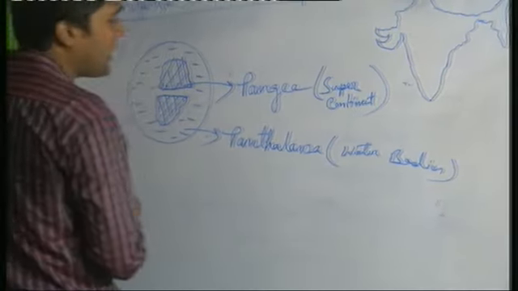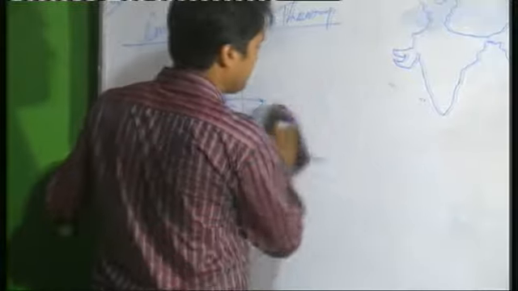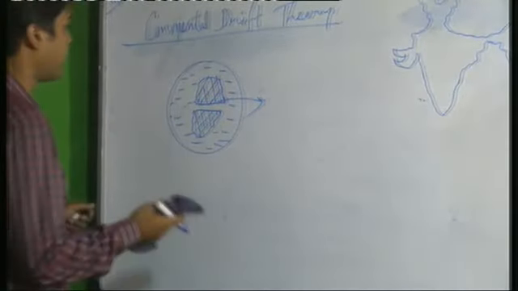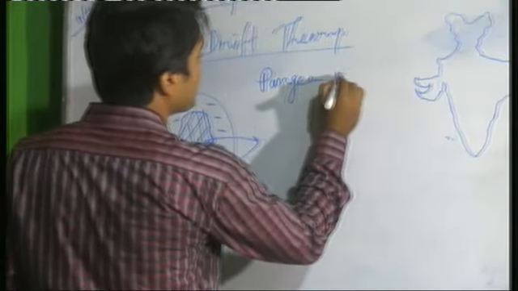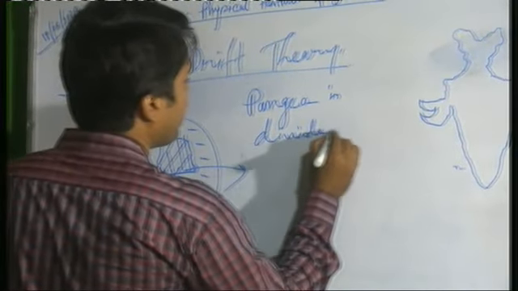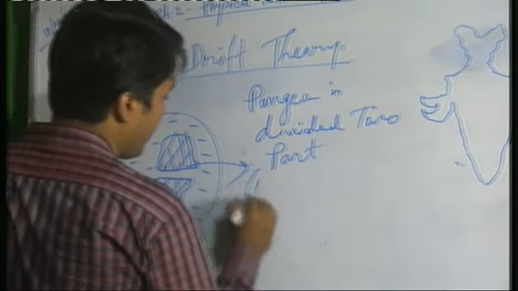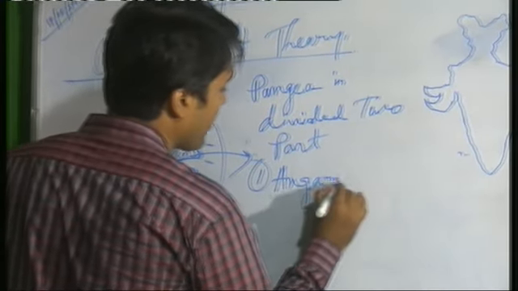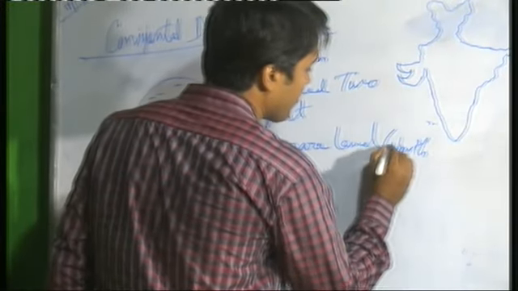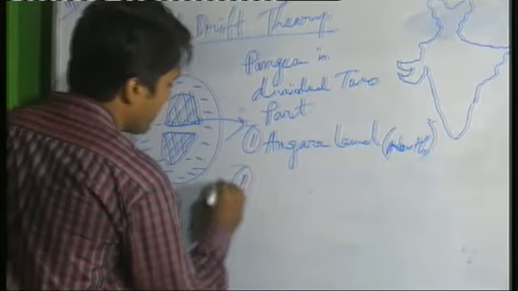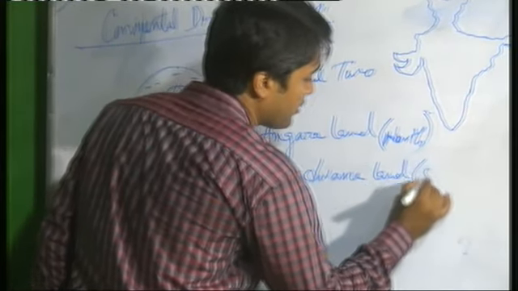Pangea was divided into two parts: one, Angara land, in the north, and the second one, Gondwana land, in the south.